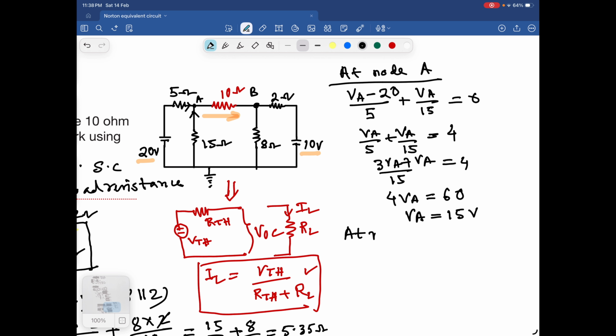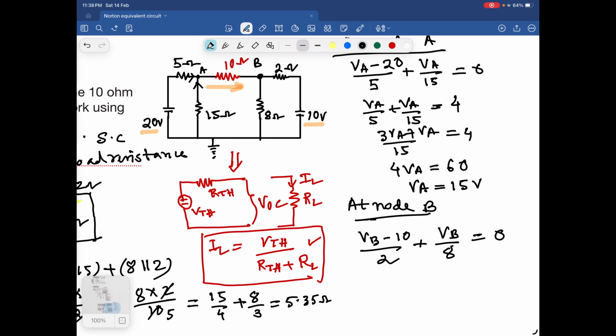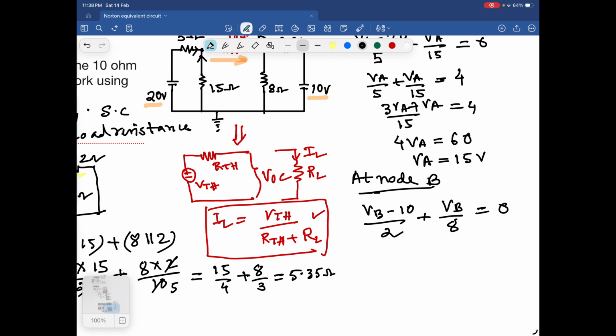Now at node B, again the sum of currents is equal to 0. So what are the currents? The node voltage at B is VB. VB minus 10 divided by 2 is one current, plus VB by 8 is another current, and the sum of currents is equal to 0. So this is VB by 2 plus VB by 8 is equal to minus 10 by 2, this is minus 5, so this is equal to 5.